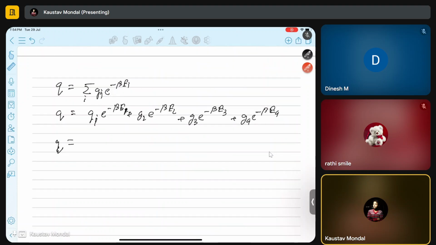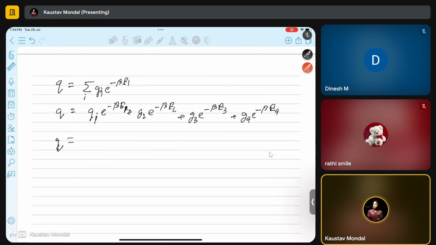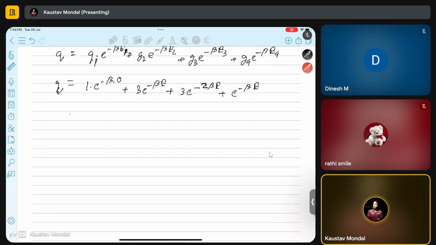So g1 is 1 into e to the power beta 0 plus 3 into e to the power beta e plus 3 into e to the power 2 beta e plus e to the power minus beta e. This gives you q equal to 1 plus 3 e to the power beta e plus 3 into e to the power minus 2 beta e plus e to the power minus beta e.